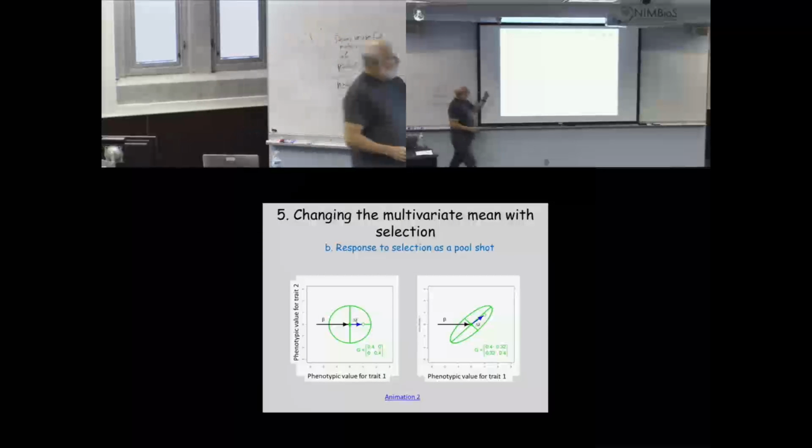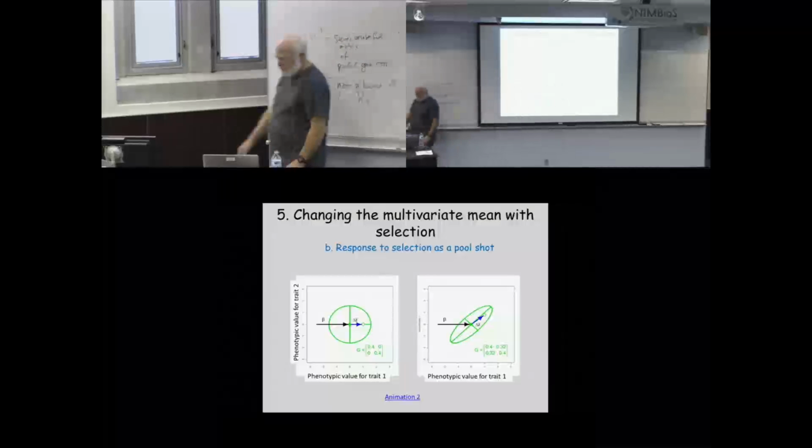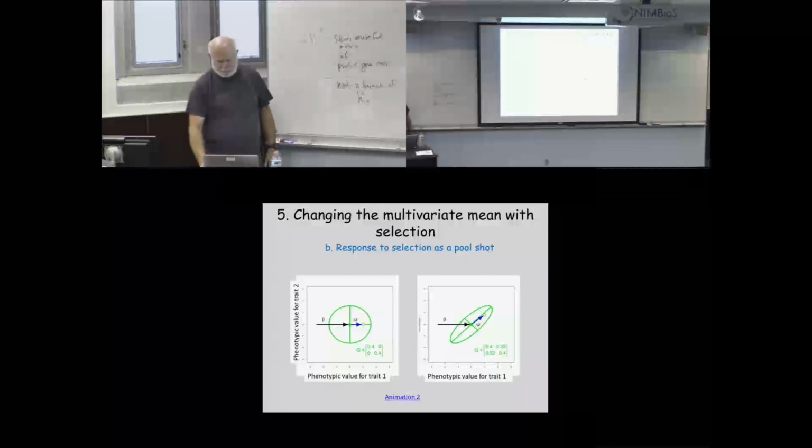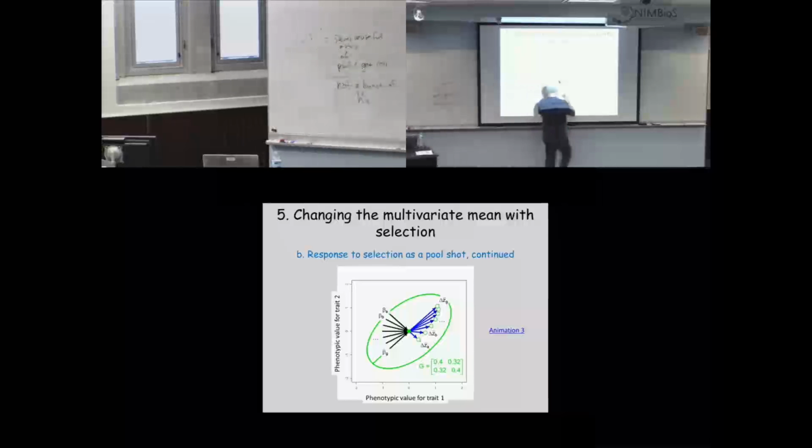Now, if you play the animation, it'll show you different combinations to help you build up your intuition. And then here's a summary slide that shows the case with the same degree of genetic correlation, standardized covariance. Now we're going to try different directions of selection and look at the corresponding response to selection.